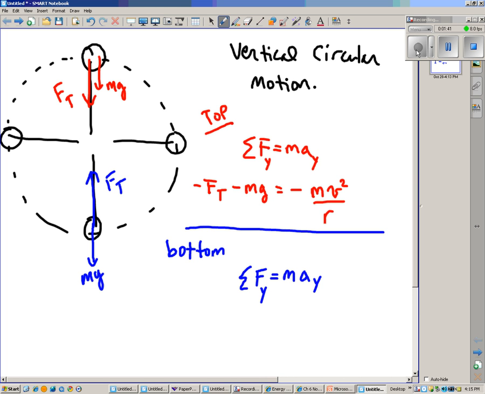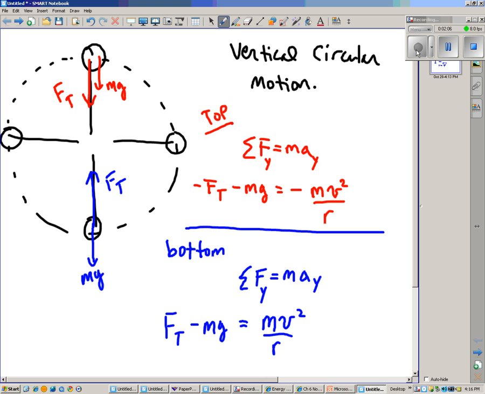Our force of tension is up in the positive direction, our mg is down in the negative direction, minus mg equals, and again, our centripetal acceleration, which always points towards the center, is upwards in this case, so that's a positive mv squared over r. And so now we just take whatever givens we have and apply it to that situation.